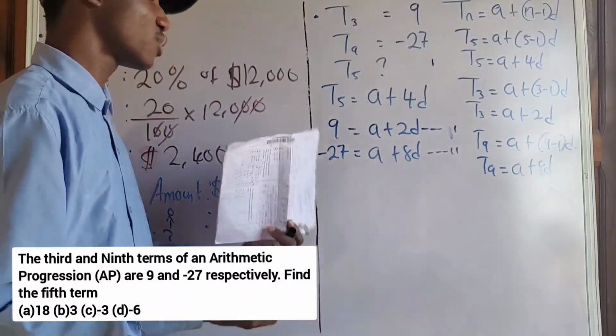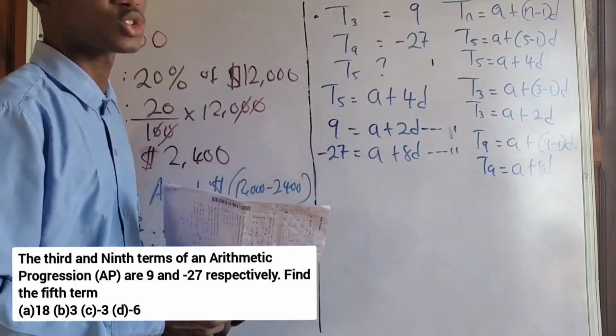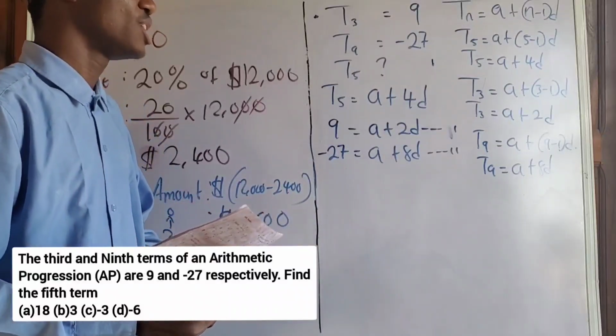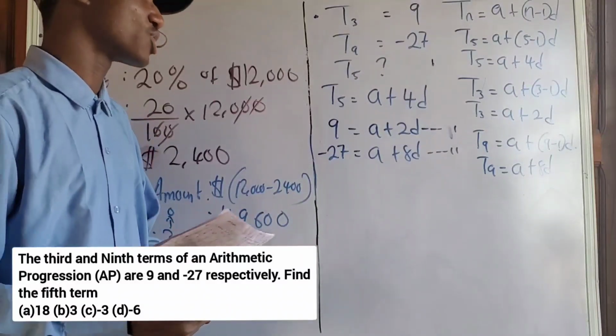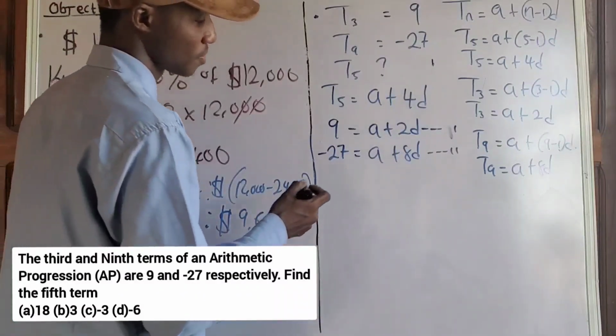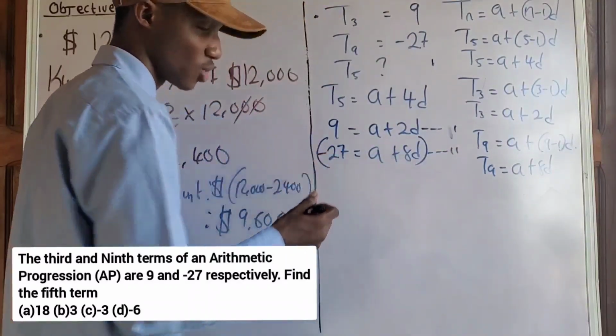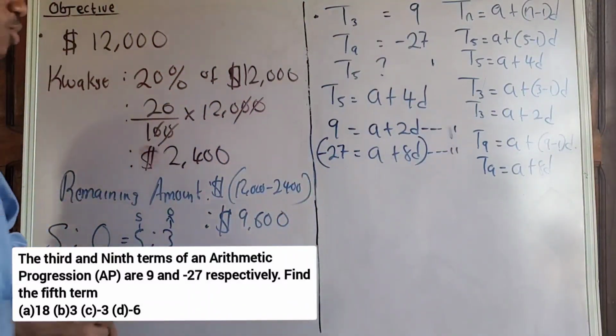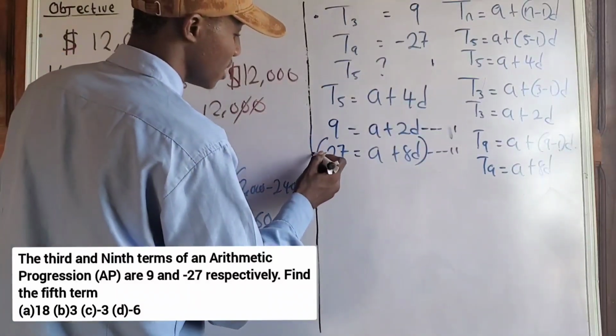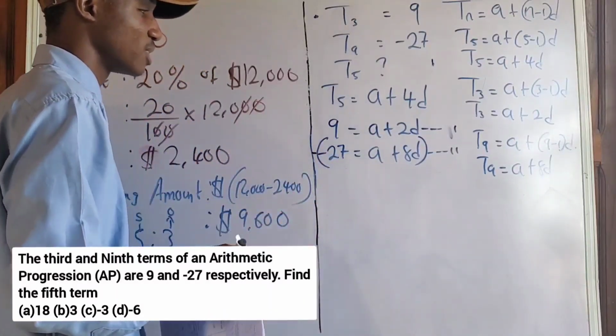Now, we can solve these equations easily using the elimination method by subtracting equation 2 from equation 1. So put a bracket and a subtraction sign to help you understand the concept. Now let us proceed.